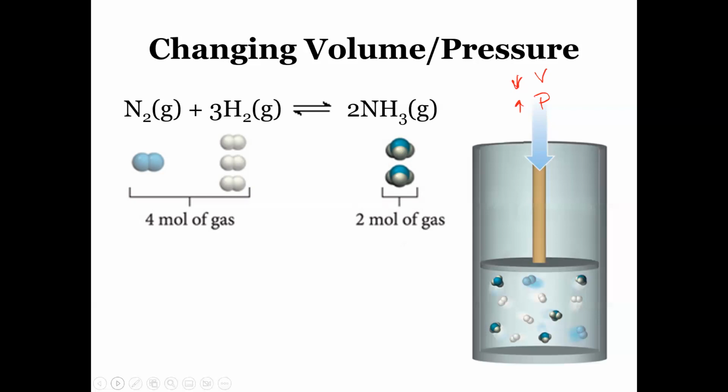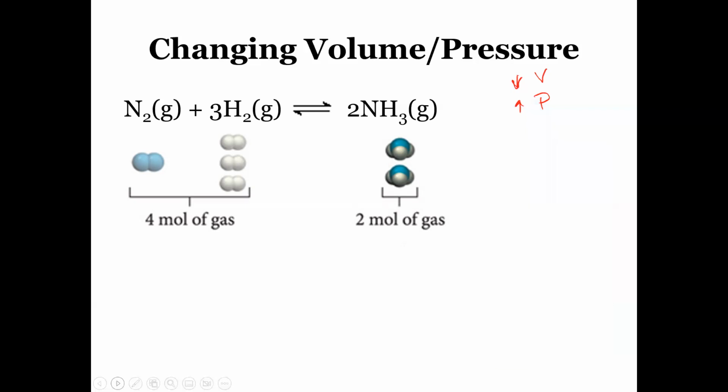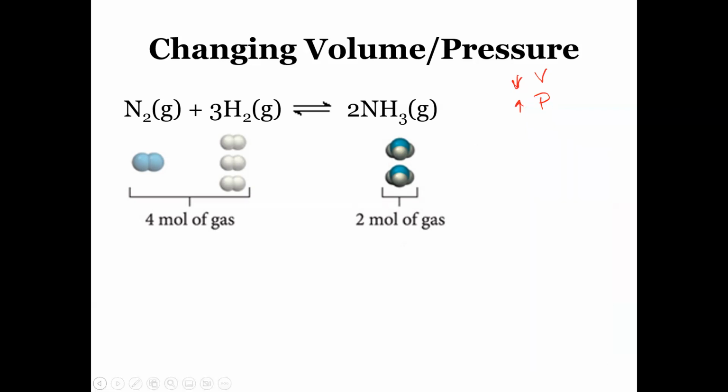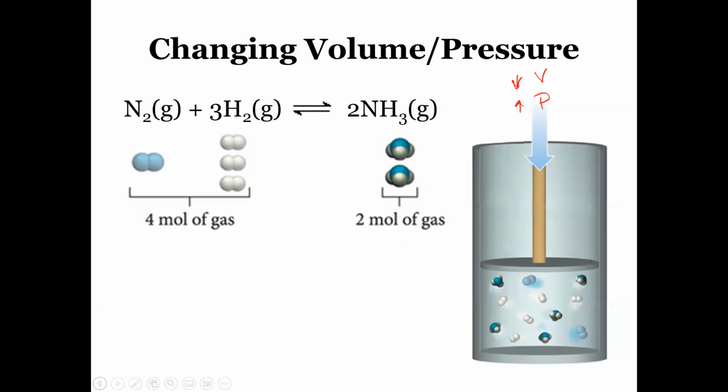If we look at what is inside of our piston, there are 2 nitrogens, 5 hydrogens, and 1, 2, 3, 4, 5 ammonia.